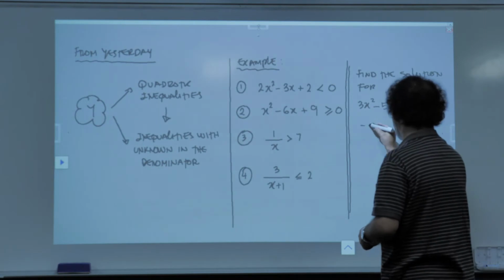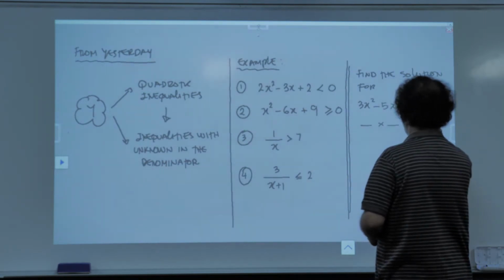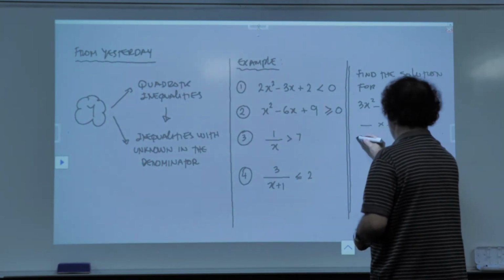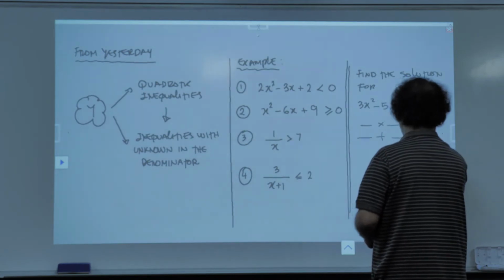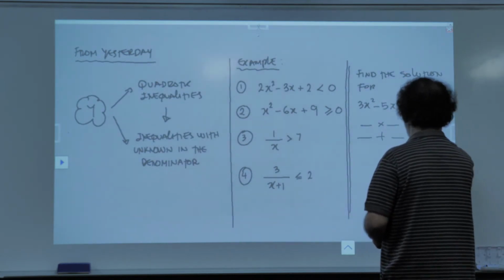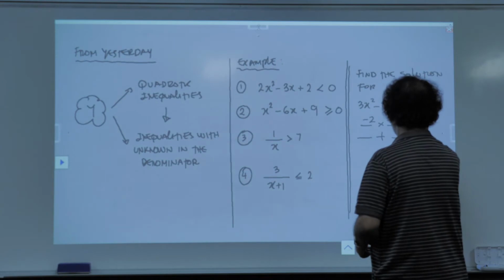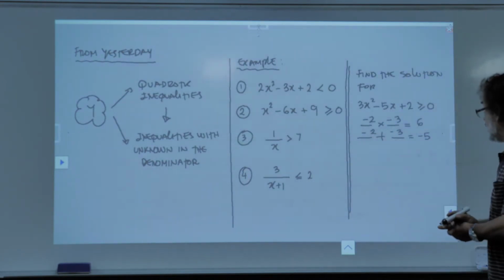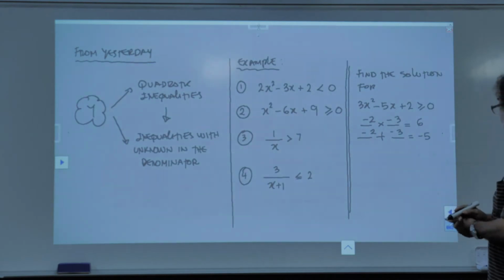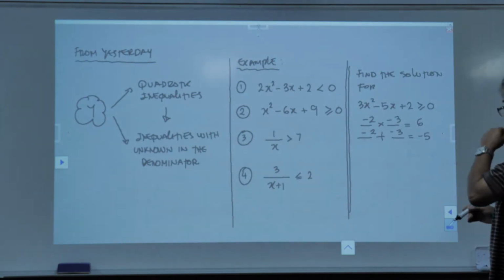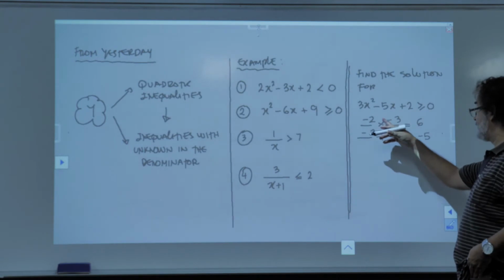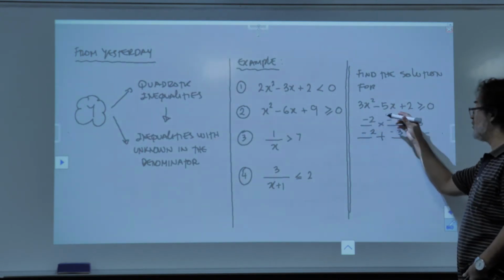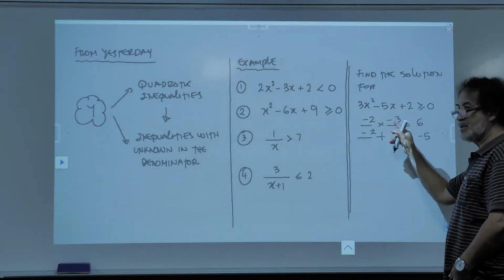Okay, so the numbers: 6. So -2 and -3. And then remember that we break up the middle term into these two numbers.